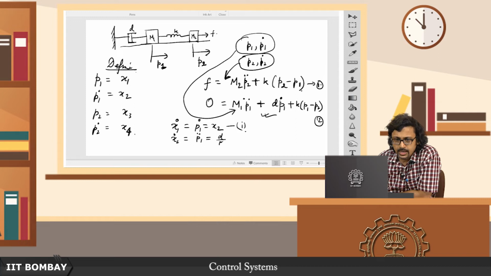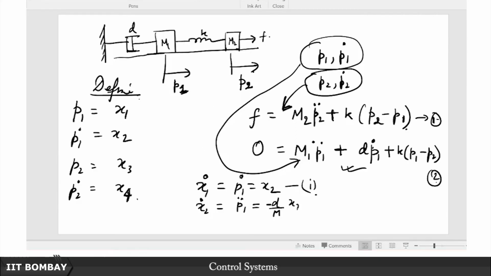minus d by m times P1 dot, which is x2, remember this P1 dot is now my x2 by this definition, and minus k by m P1, what is my P1?